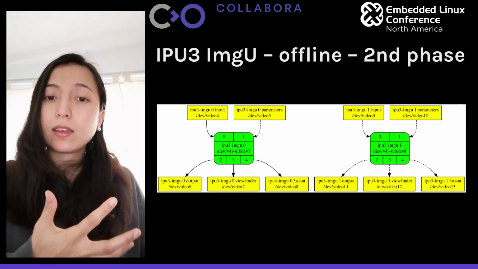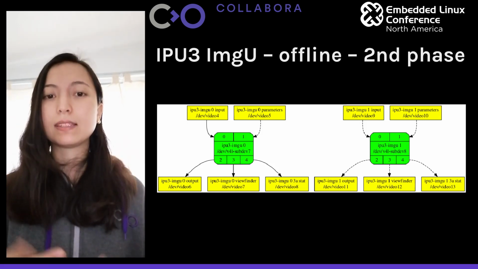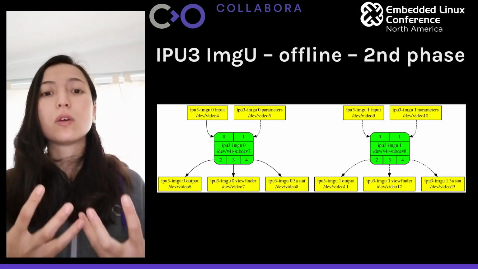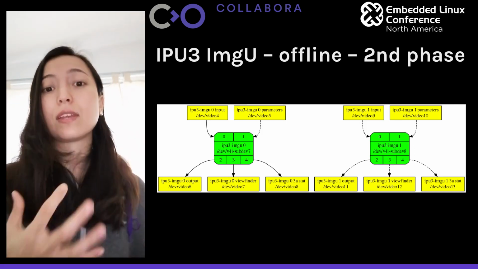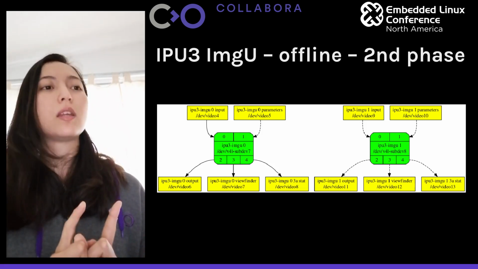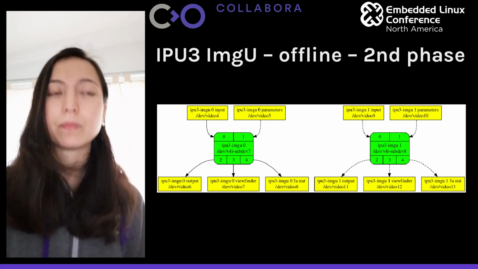The camera interface will place the image in memory in some format that is very specific to this Intel driver. So it is up to user space to get this image and feed it to this other driver, the IPU image unit, that performs the second phase of the offline ISP.